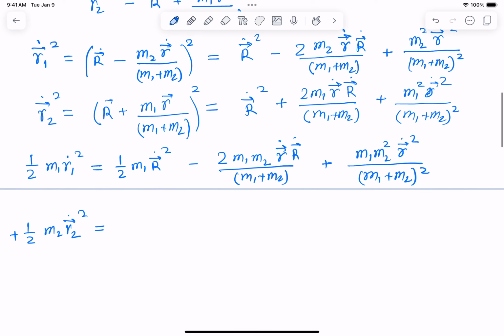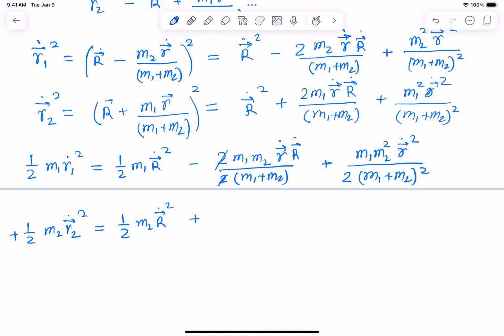Okay, and we do the same thing for m2 r2 dot squared, which will give you half of m2 r dot squared. There should be a 2 here coming from the half, and this 2 should cancel.